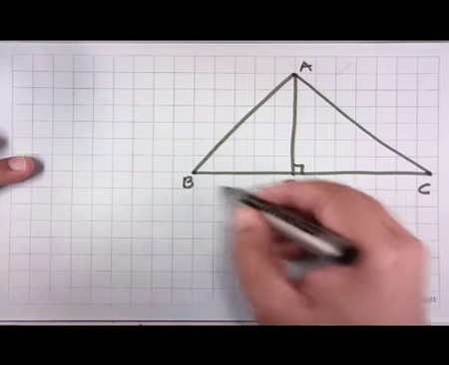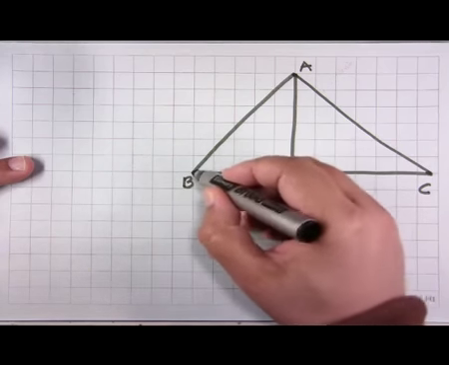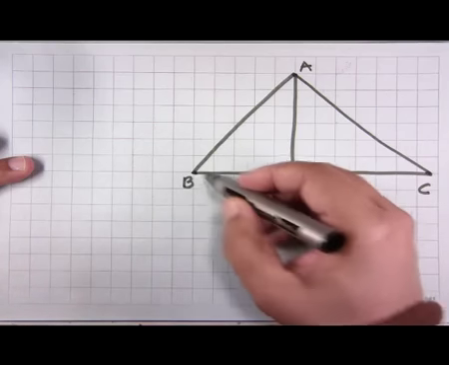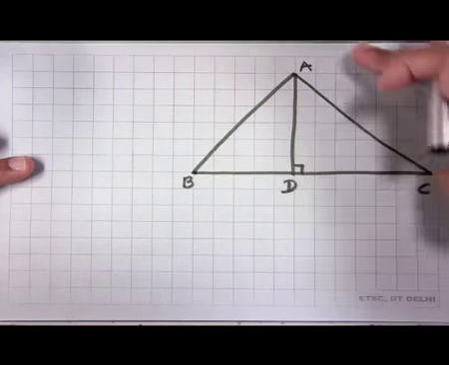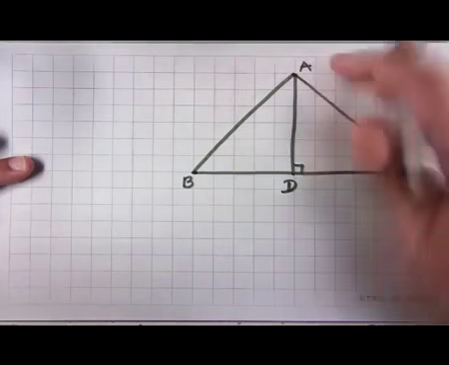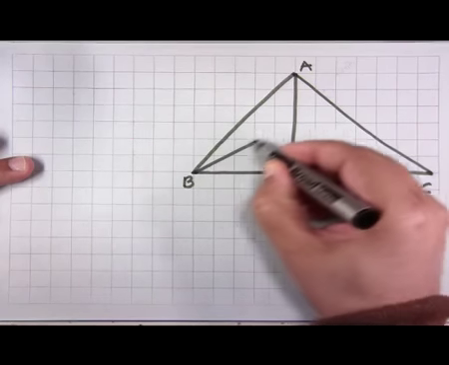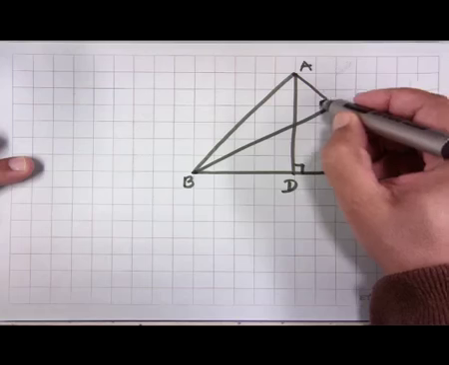And similarly, we draw another perpendicular from B to the opposite side AC. So, this is 90 degrees.